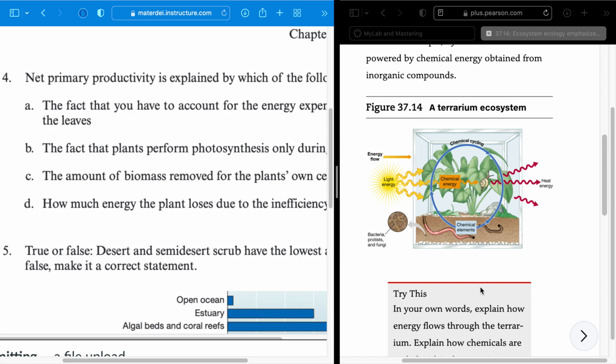The plant and the snail die and go into the soil, and then the decomposers disassemble them, make the raw ingredients available to the plant again, as long as you have energy coming in. Energy is also lost as heat. So that's the concept right there. This is a small little container on your table, but if you look at the biosphere, that's one big closed ecosystem of the Earth.